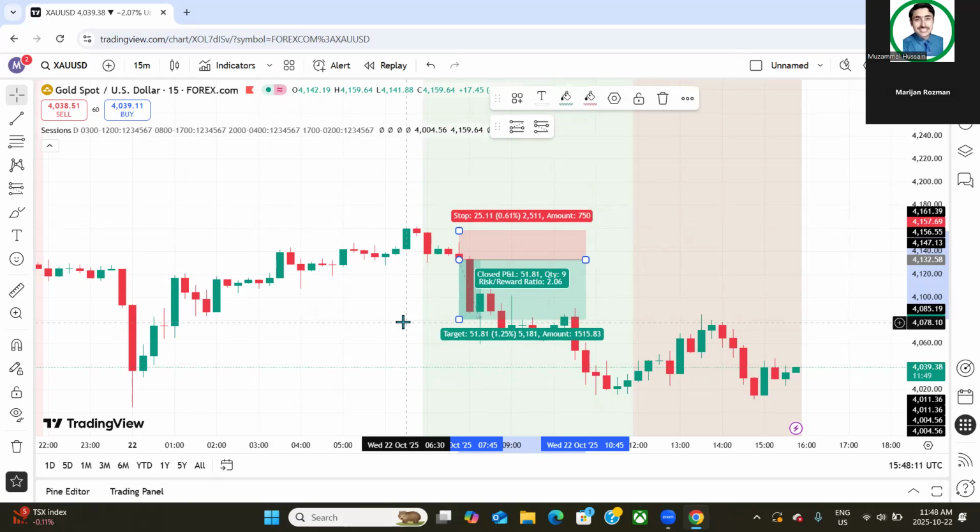So, just one thing here. The minimum lot size the broker allows us is 0.01. So it means we have to invest at least $27 or $30 so that our investment opens.